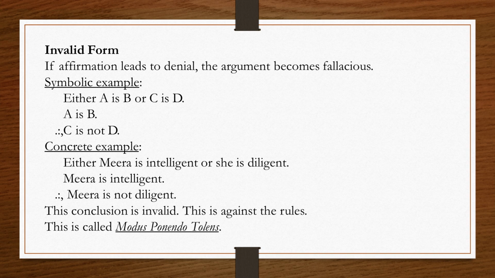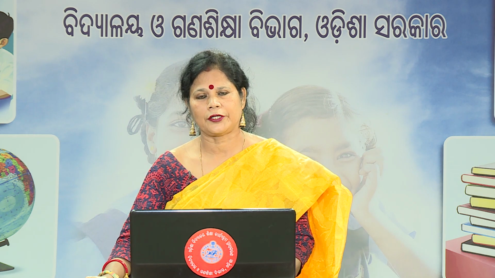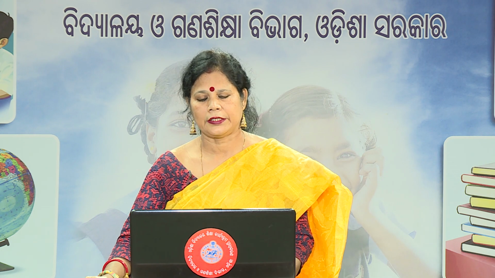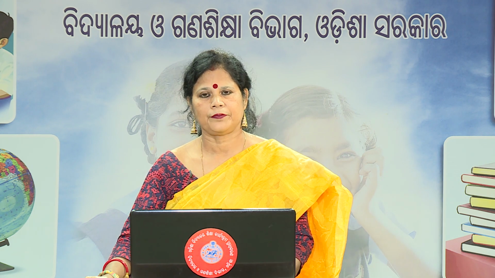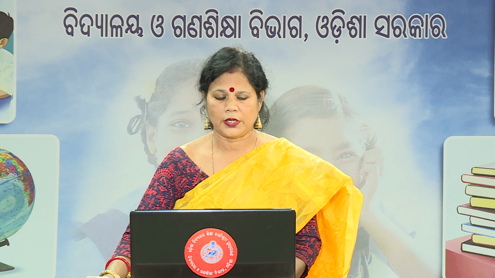If we affirm one disjunct in the minor premise, then we deny the other disjunct in the conclusion, then the argument becomes fallacious, then the argument becomes an invalid argument, and this is technically known as modus ponendo tollens.